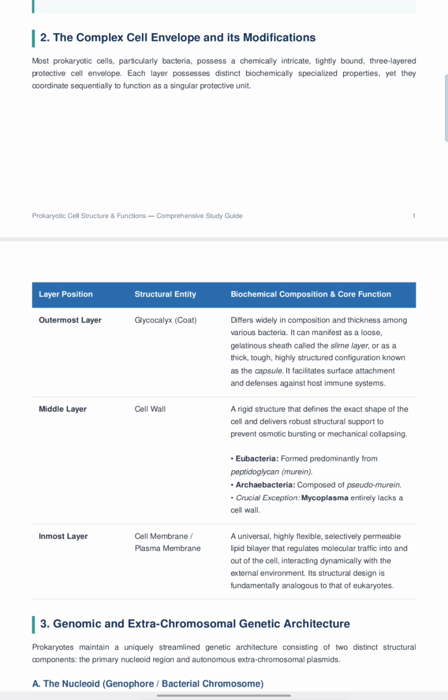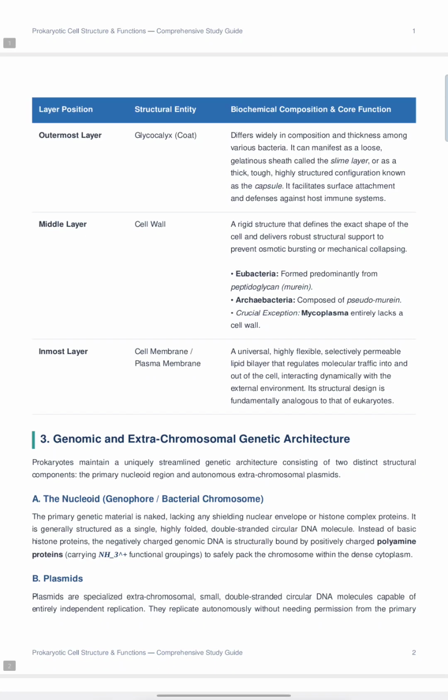The cell wall is present in plant cells and prokaryotes, but the cell wall is absent in animal cells. It is a unique character of plant cells. So let us discuss these three layers.